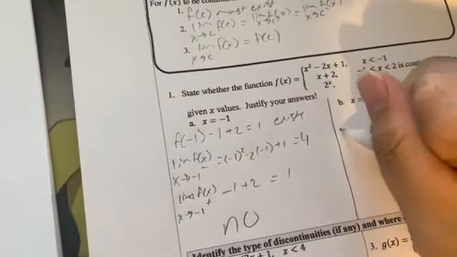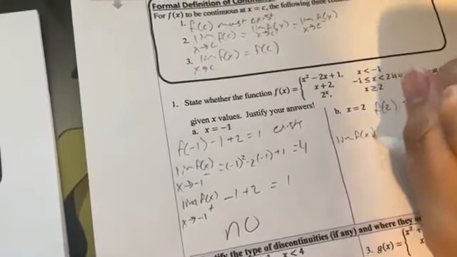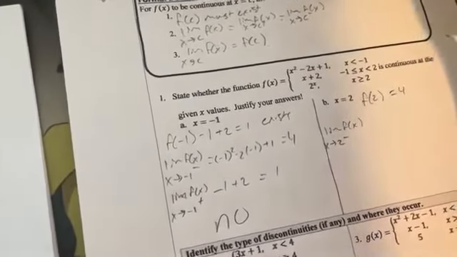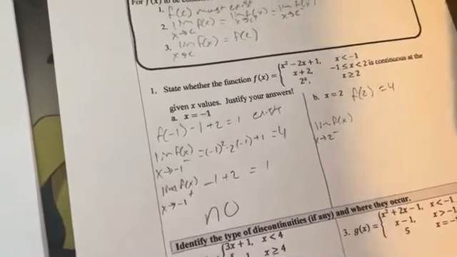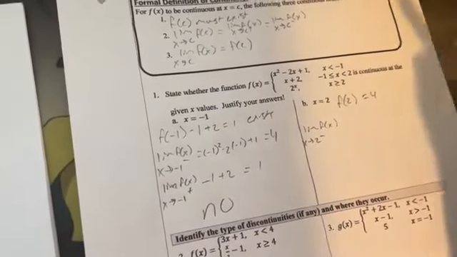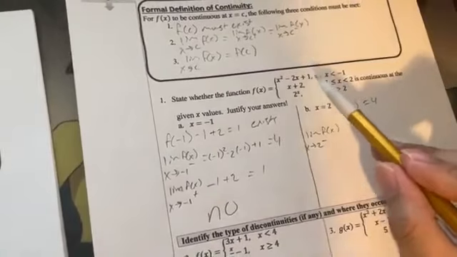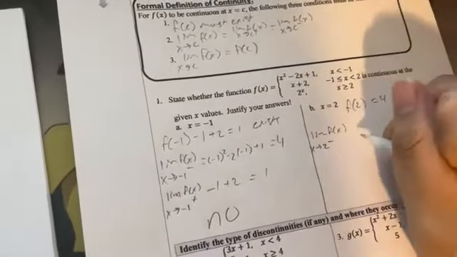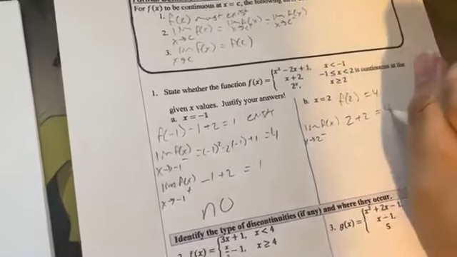Start from the left, so the limit of f of x as x approaches 2 from the left. So it is approaching it from the left, it has to be less than 2. And so we'll use this equation since x is less than 2. Plug in 2, so 2 plus 2 equals 4.